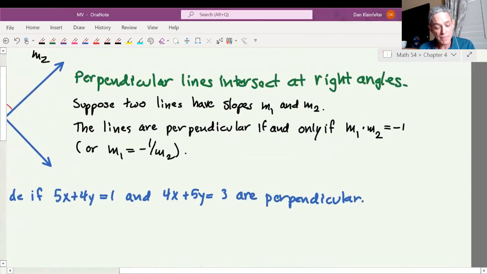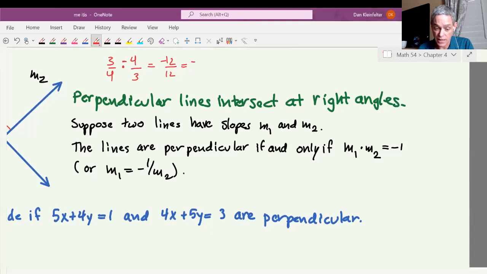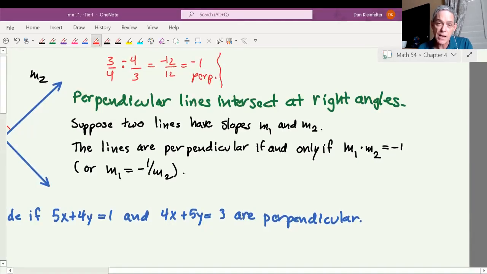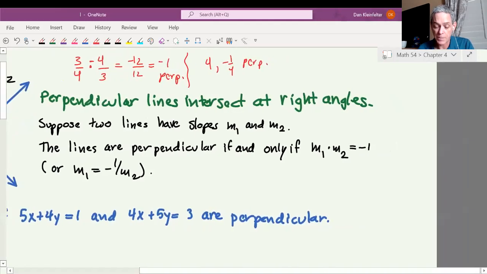So just some examples. If you had two lines with slopes of 3/4 and -4/3, that would be -12 over 12, which is -1. So those would be perpendicular. If you had one with a slope of 4 and one with -1/4 for a slope, those would be perpendicular.